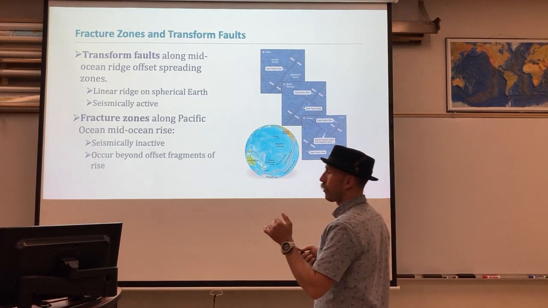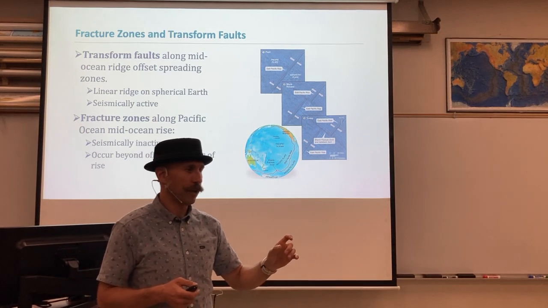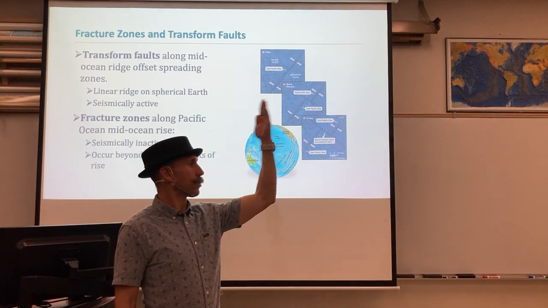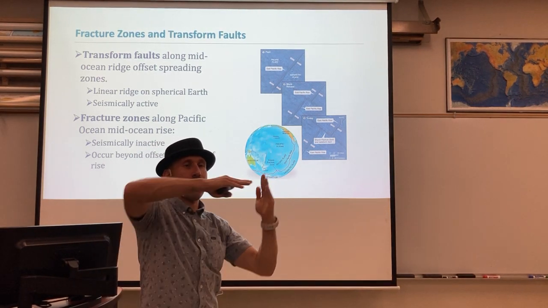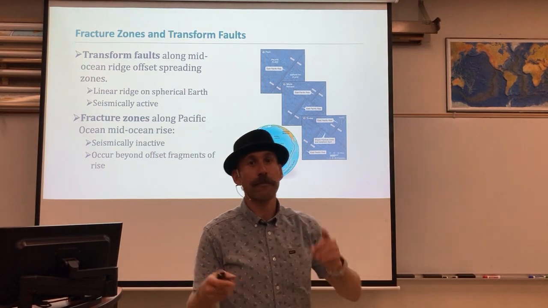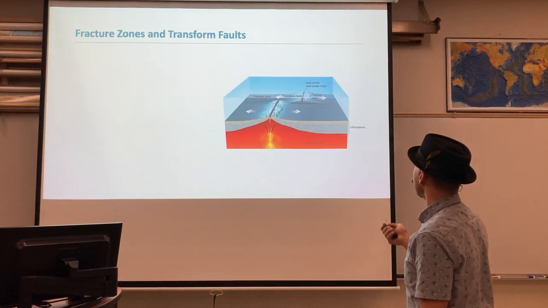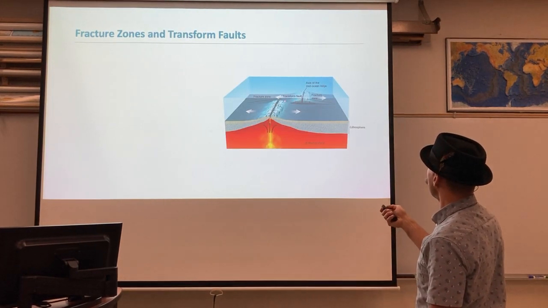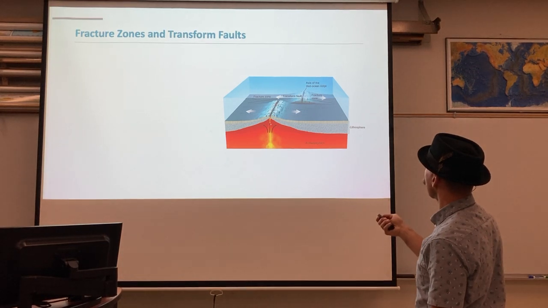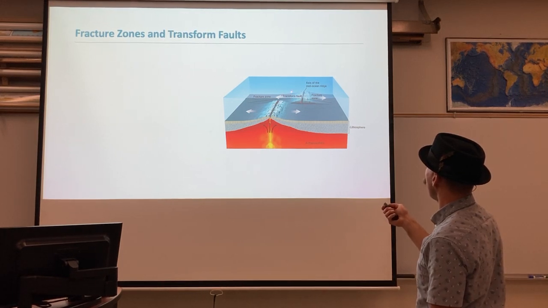Associated with mid-ocean ridges are transform faults and fracture zones. So mid-ocean ridges aren't perfectly straight. They have offsets for connecting different parts of the divergent boundary. And with these offsets, here's the divergent boundary, seafloor spreading. Here's the divergent boundary, seafloor spreading. The space between these is a transform fault.